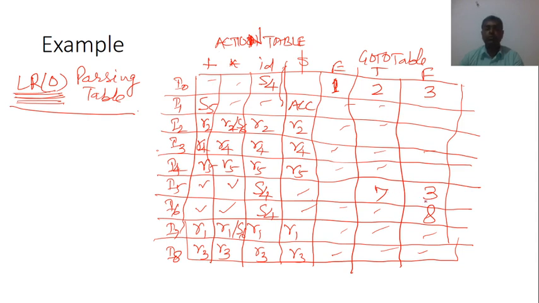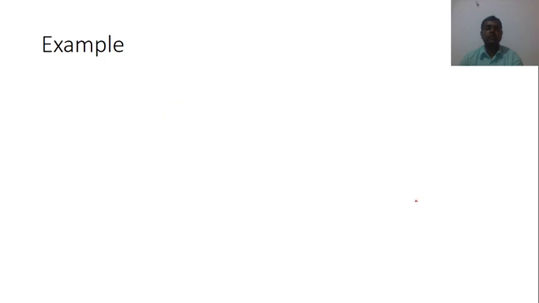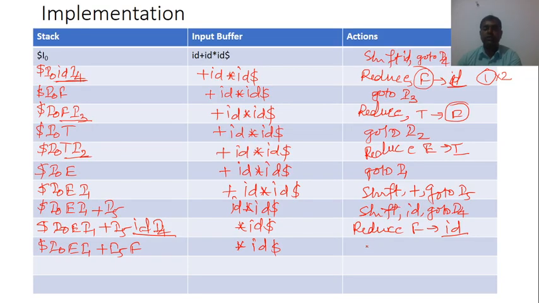I3. So go to I3. So now it becomes $ I0 E I1 + I5 F I3, and here it becomes * id $.